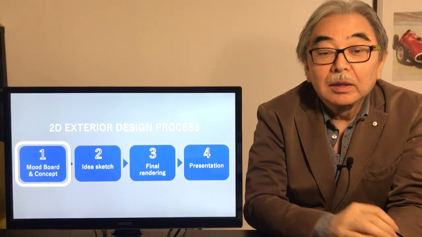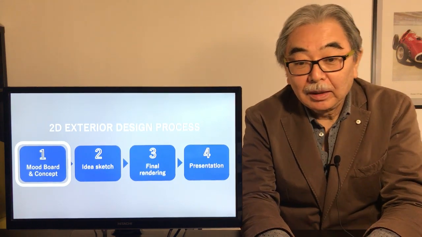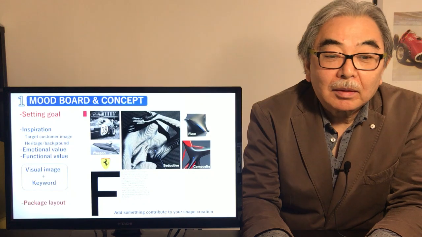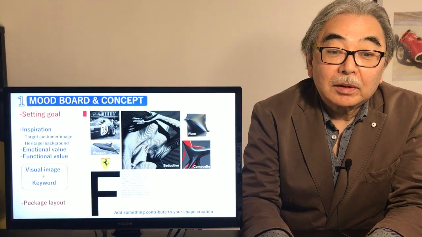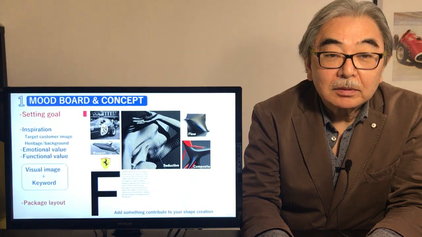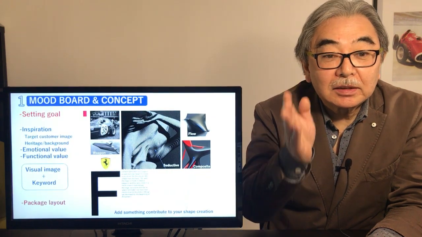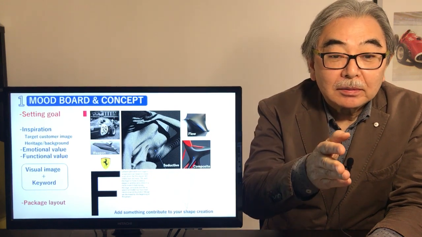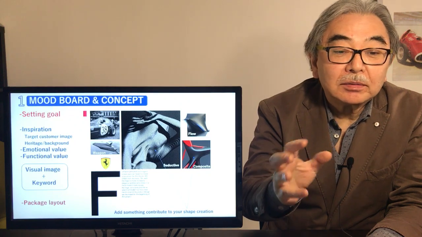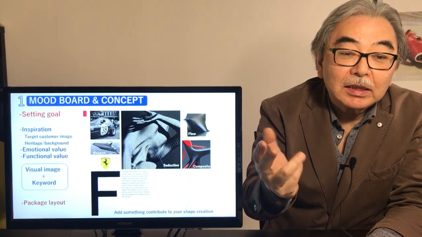First one is the mood board and the concept. Let's go. About the mood board and the concept, the important point is that this is setting the goal. On the board, you gather many sources of inspiration.